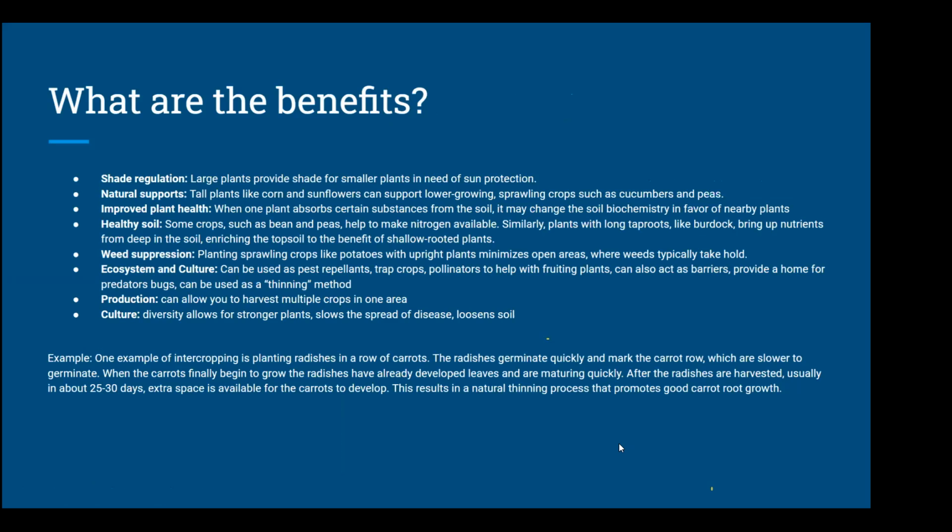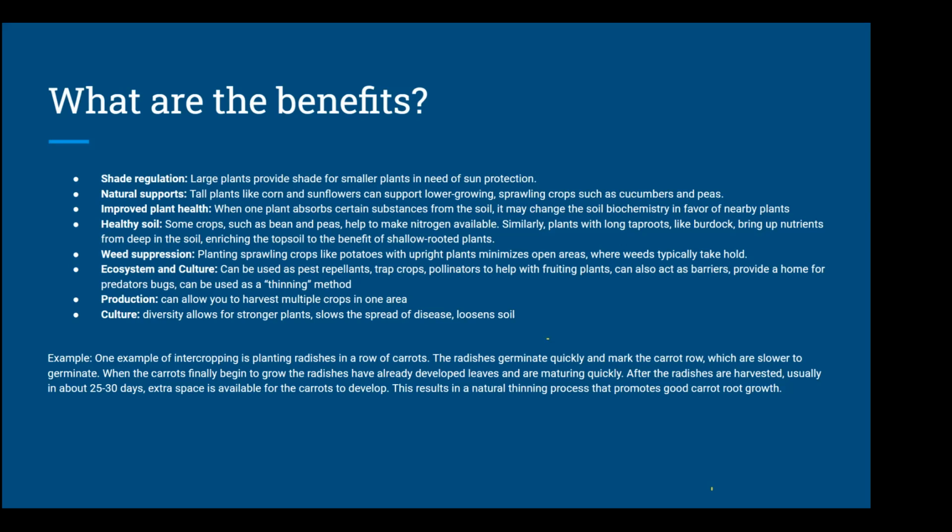Some of the benefits are that large plants can provide shade for smaller plants that are in need of sun protection. Tall plants like corn and sunflower can support lower growing, sprawling crops such as cucumbers and peas. It can improve plant health. One plant can absorb certain substances from the soil, and it may change soil biochemistry. It builds healthy soil.